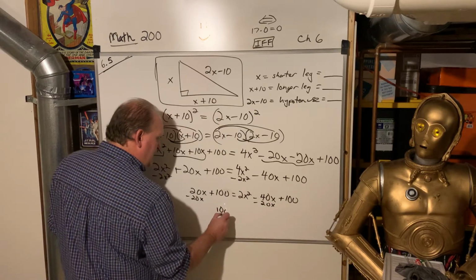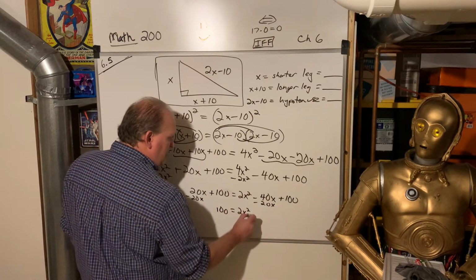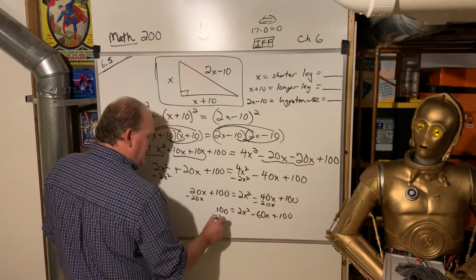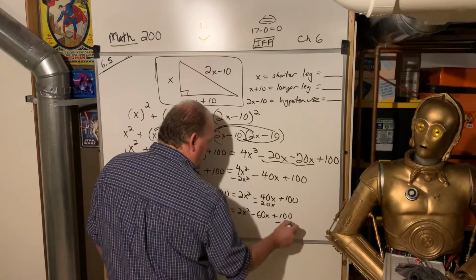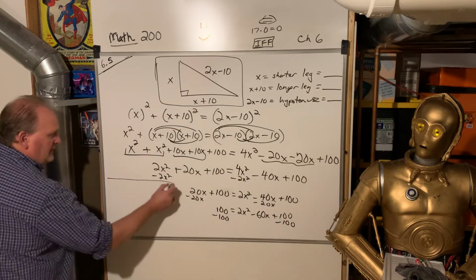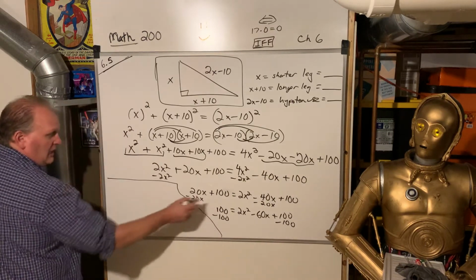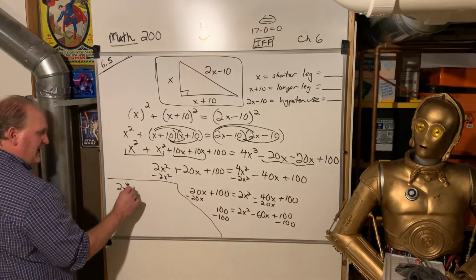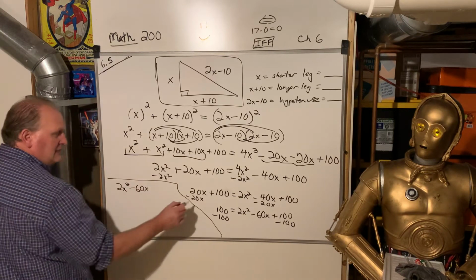That's 100 equals 2x squared minus 60x plus 100, and then minus 100 and minus 100. And so after all of that, I've got this equation here. I'll write it over here. I've got 2x squared minus 60x equals 0.